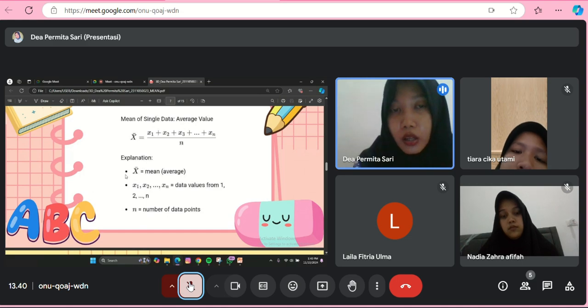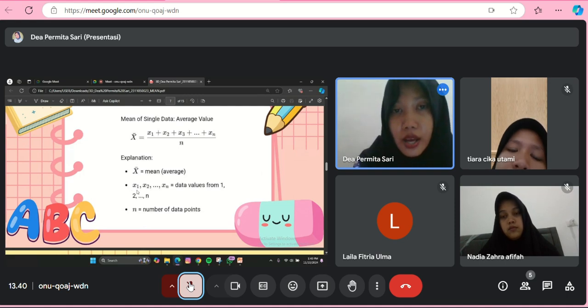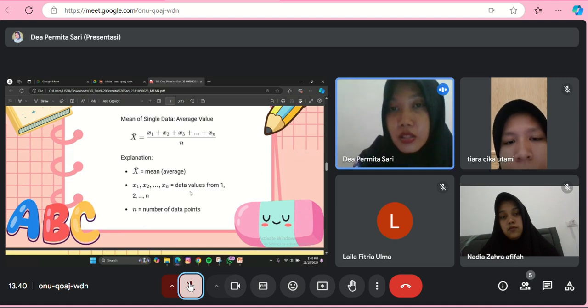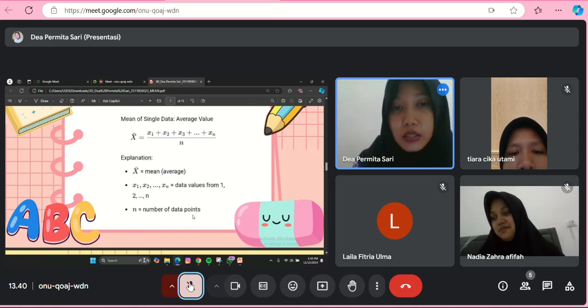Explanation. First, x bar is the mean or average. Second, x1, x2, until xn are data values from 1 to n. And last, n is the number of data points.